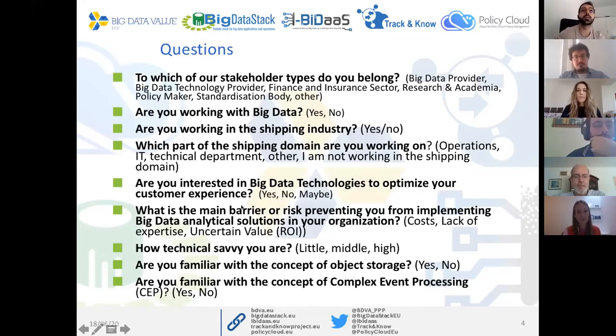It's a set of 9 multiple choice questions that they can just answer. There are more general questions about the provenience of our attendees and more specific ones about how technically savvy they are, for instance, or if they are familiar with some technologies like complex event processing.